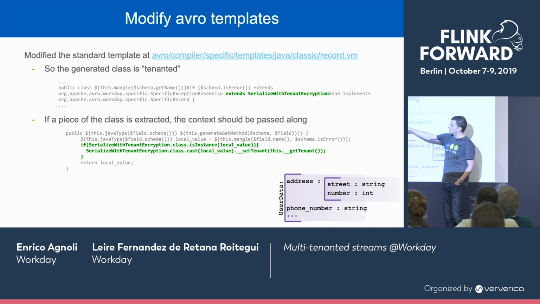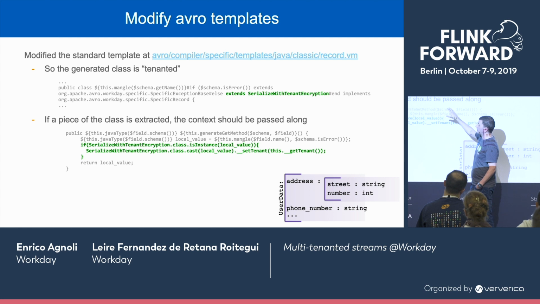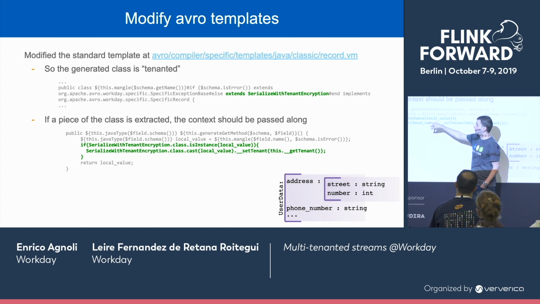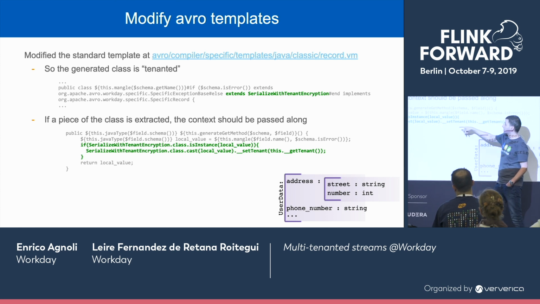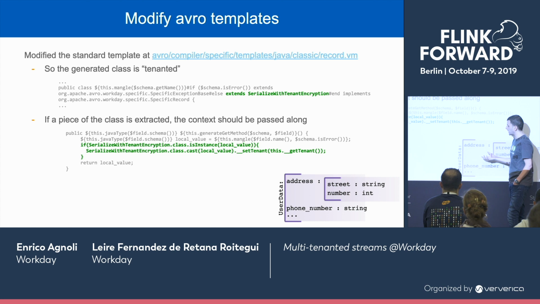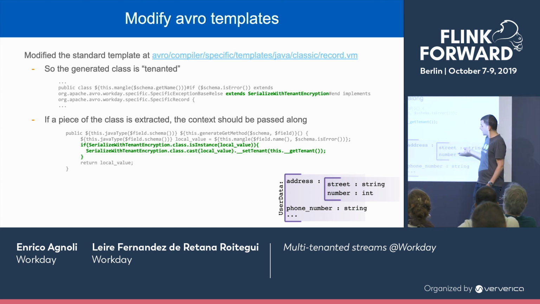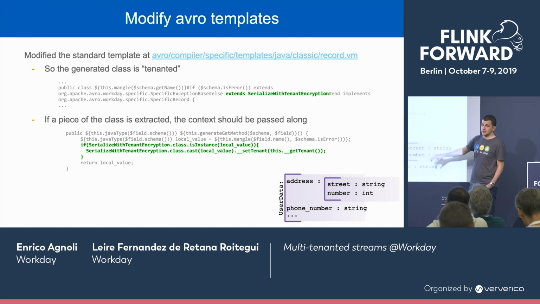This is a bit complex, and is about how the default AVRO templates to create POJOs are written. Every time that we create a get method and extract a piece of information that is, again, of a type serialized with tenant encryption, we pass the context, that in our case is the tenant, down to this object. And so again, the infrastructure will always be able to encrypt this piece of data with the right tenant key.